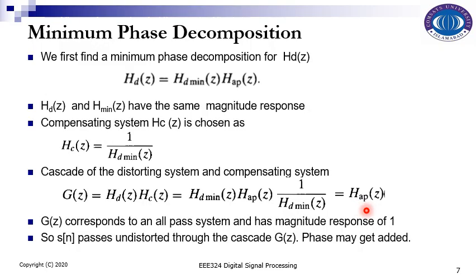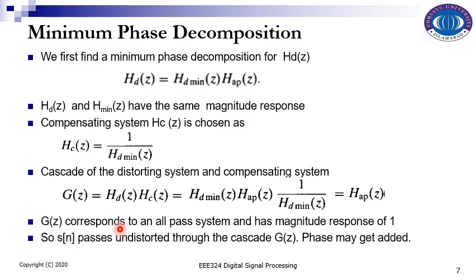So that means that combining our distorting system, and if we put another compensating system with it after it as a cascade, which has this system function, the overall effect will be that these two systems combined will act as an all pass system, which means that an all-pass system allows all frequencies to pass as it is, and its magnitude response is 1.